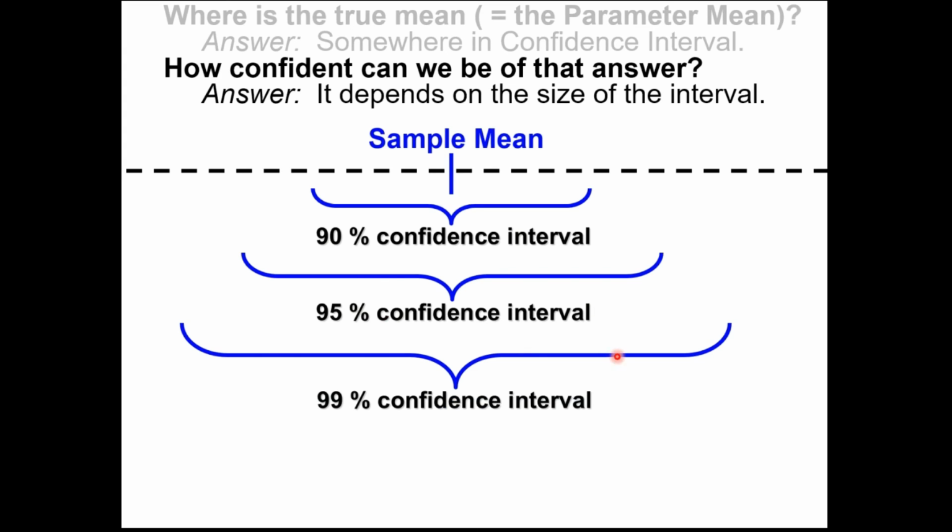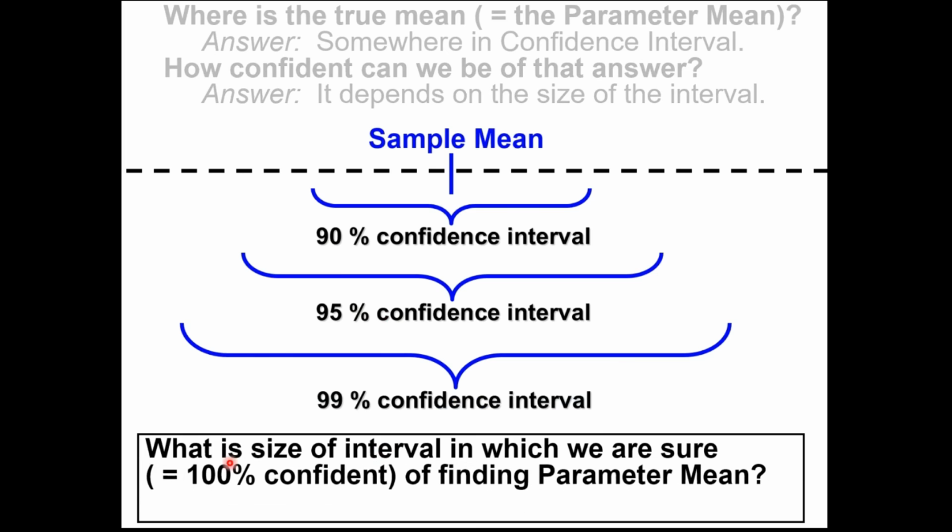Now, it may be obvious to you, but somebody may come up and say, well, they want to be 100% confident. And I'm hoping you have already guessed that the answer to such a question would be minus infinity to plus infinity. So every time you have a sample, there's some uncertainty.